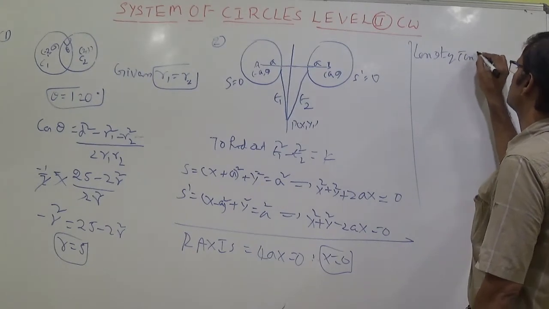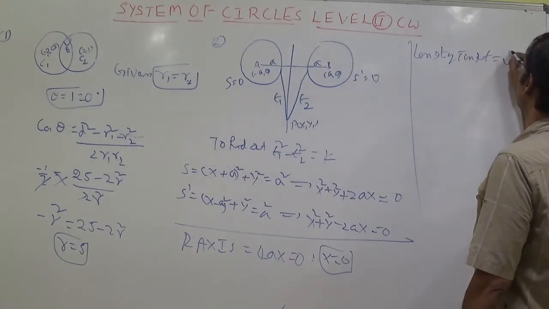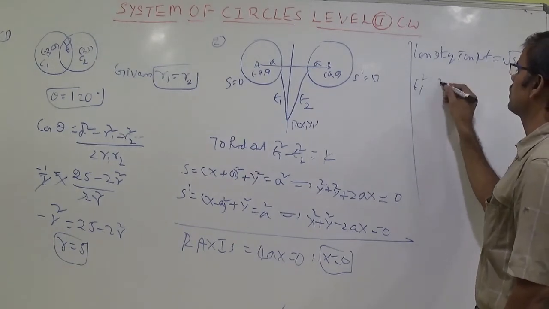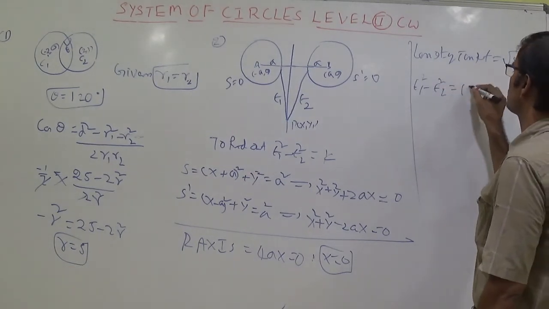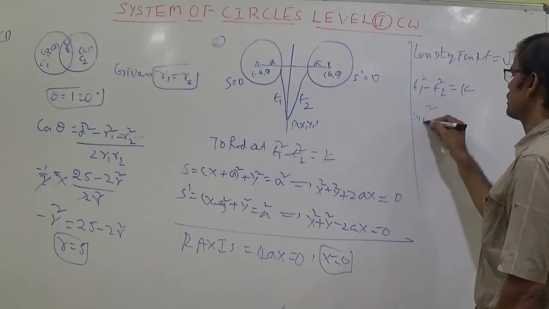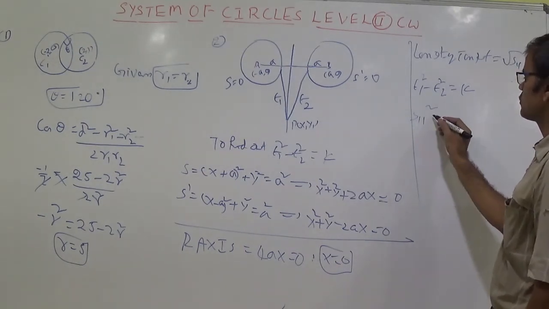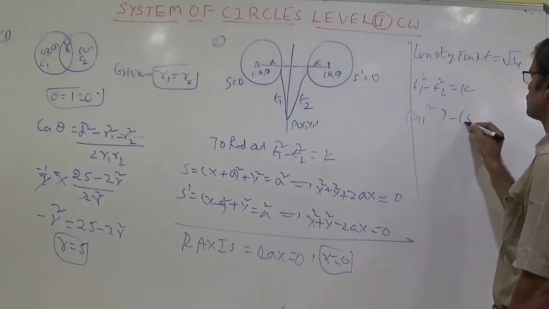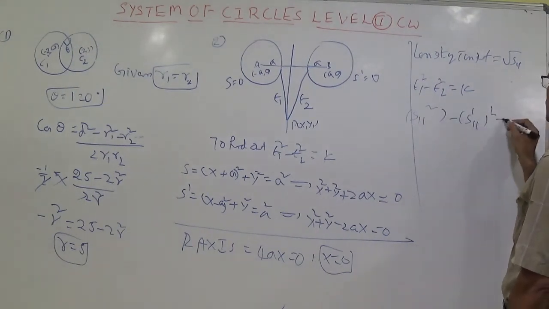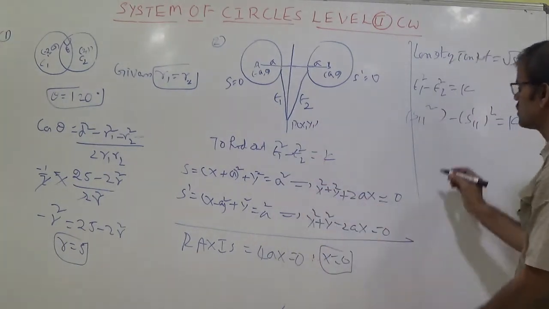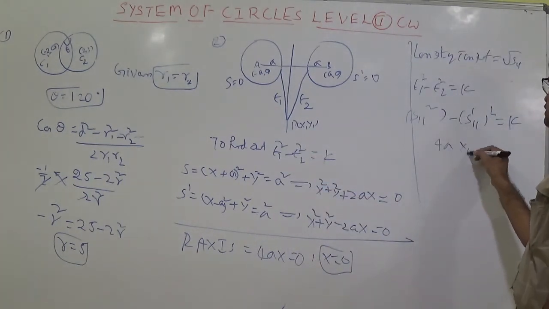The length of tangent formula is √S11. So T1² - T2² = k. You can understand that (√S11)² - (√S'11)² = k. In the same way, it is also 4ax1.